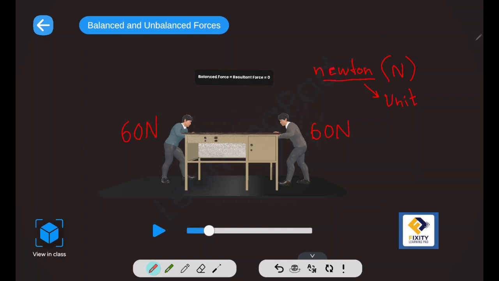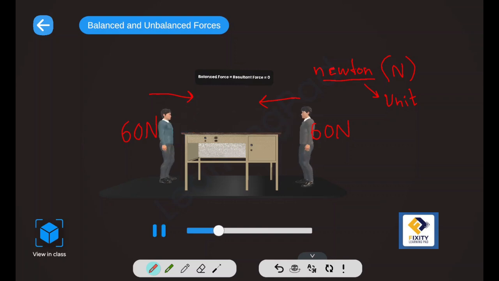Each man is capable of producing 60 newtons, so 60 newtons is from left to right for the first person and right to left for the second person. As we discussed, in the case of balanced forces, the forces should be equal in magnitude and opposite in direction. So both of them will cancel each other out and you can see the object will not move.